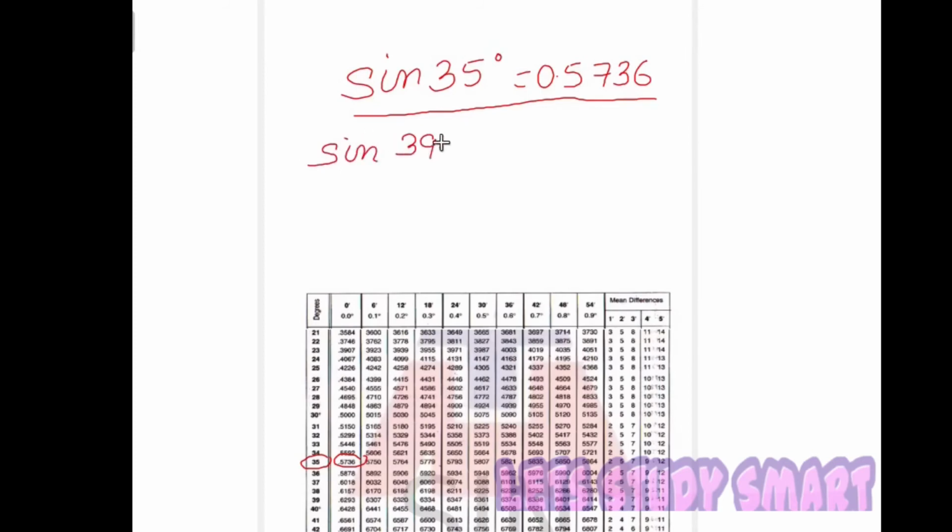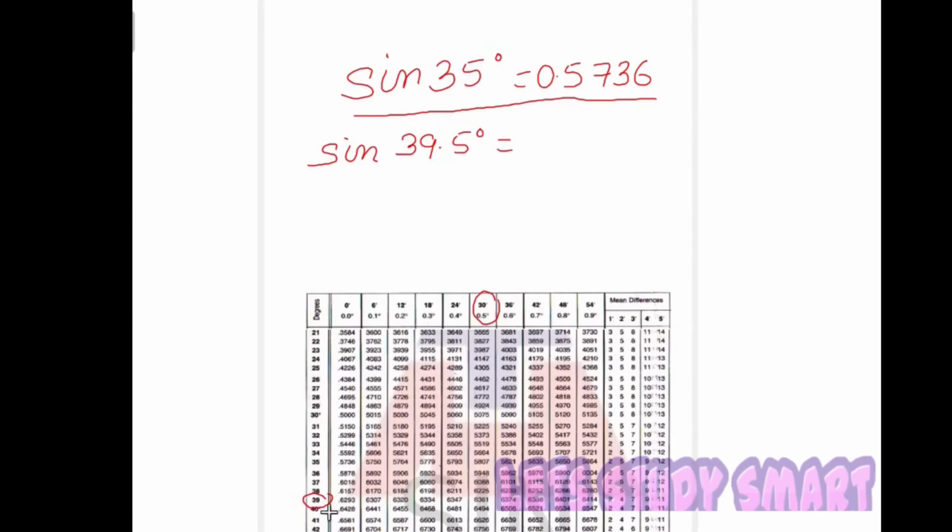But suppose I want to calculate sine 39.5 degree, what will it be? For that, we'll search out first of all sine 39, and if you see, this is 39, so you will go for 39, and next you are going to go for 0.5. So if you observe, this is 0.5.